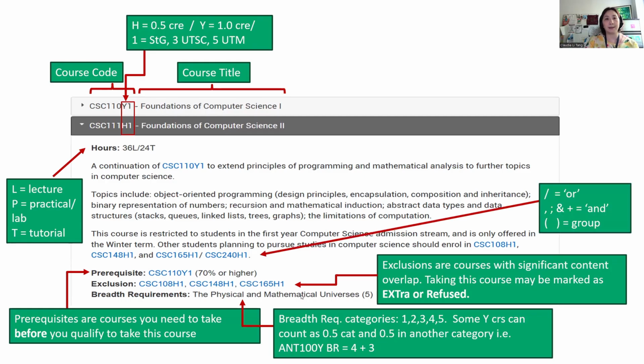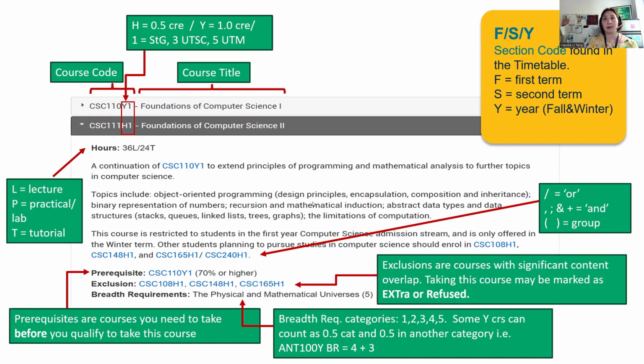For breadth requirements, usually every course has a categorization of 1, 2, 3, or 5. But some Y courses fall into 2 categories, and it will be noted as, for example, Anthropology 100 is a 4 plus 3. That means half a credit counts as breadth 4, and half a credit counts as breadth 3.